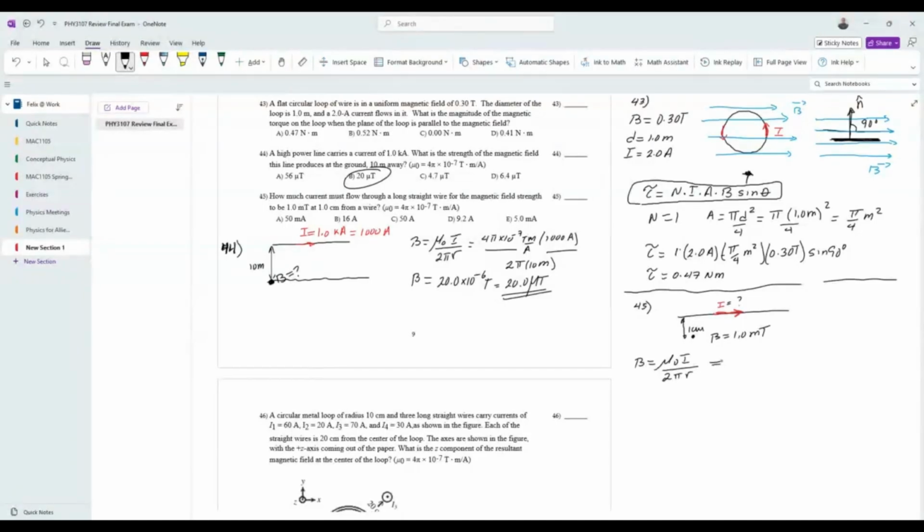If I have to find I, then 2 pi r B over mu sub 0 is equal to I. So you multiply by 2 pi r on both sides and divide by mu sub 0. So the current is 2 pi times r times 1 millitesla, which is 1.0 times 10 to the negative 3 tesla, divided by mu sub 0.